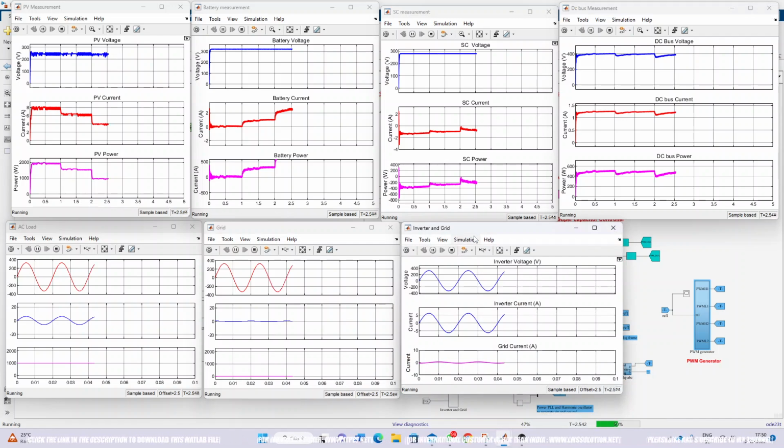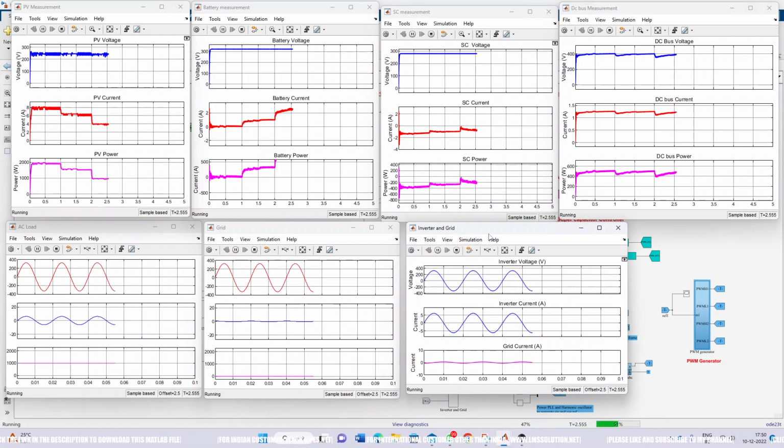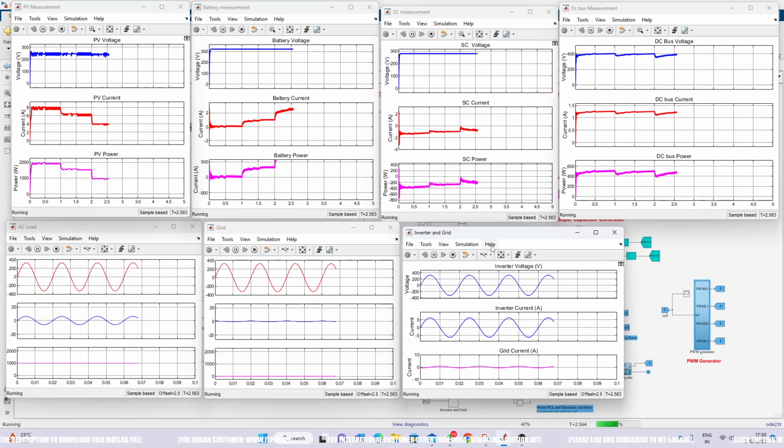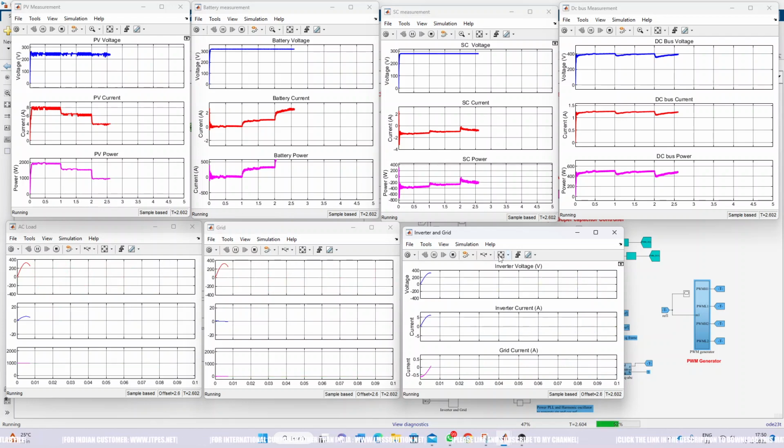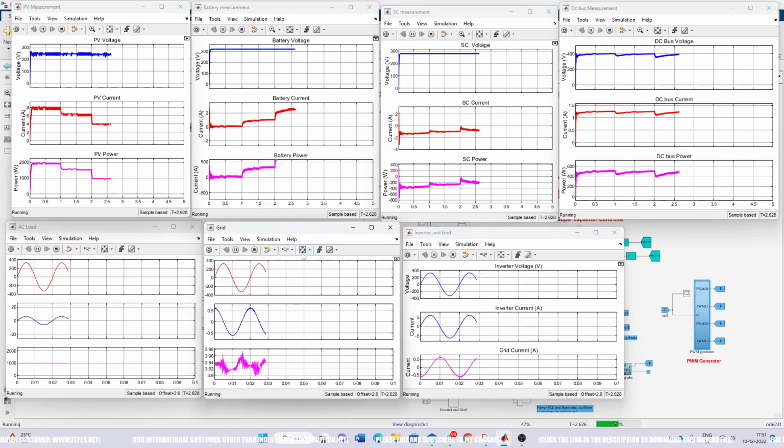So this is the inverter voltage, inverter current and grid current. Here you can see that we are getting a sinusoidal output.